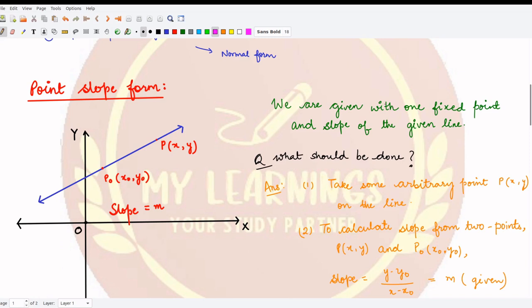If we are given one fixed point and one slope, then what should be done in order to obtain the equation of the line? We are given this point P0, whose coordinates we define by x0 and y0, and the slope of this line is small m, right?